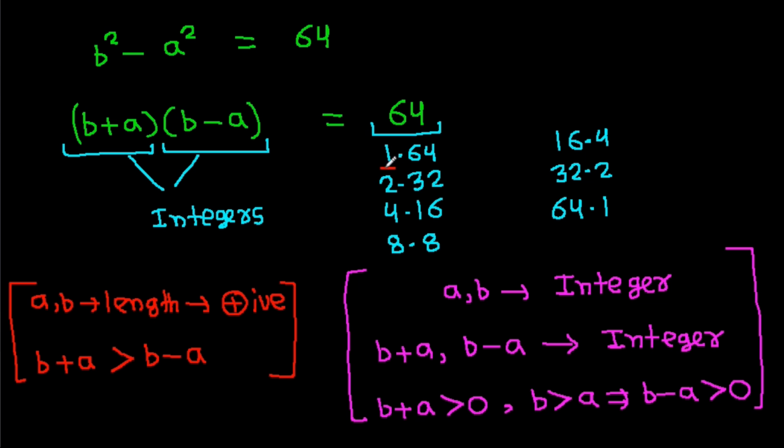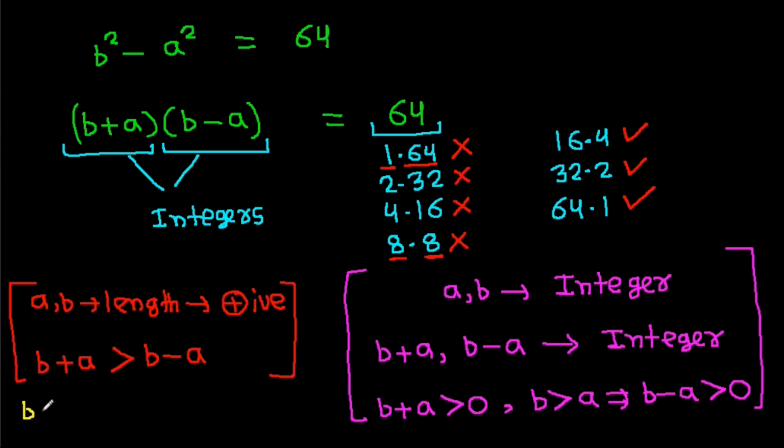So b plus a should be greater than b minus a. So b plus a is 1 and b minus a is 64 is not possible. In the same way, 2 and 32 is not possible, 4 and 16 is not possible, and also b plus a is 8 and b minus a is 8 is not possible. So it can be 16 and 4, 32 and 2, and 64 and 1.